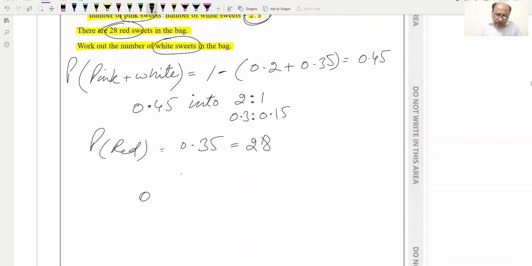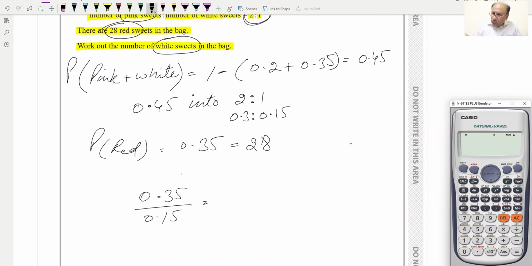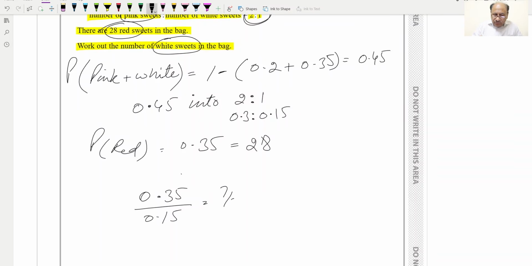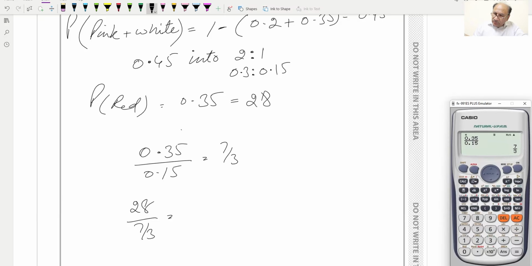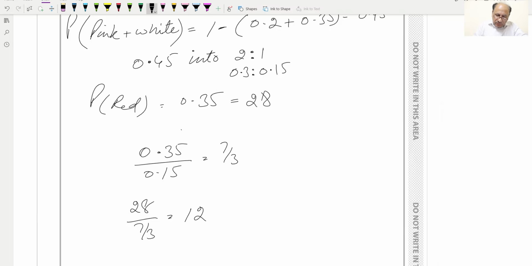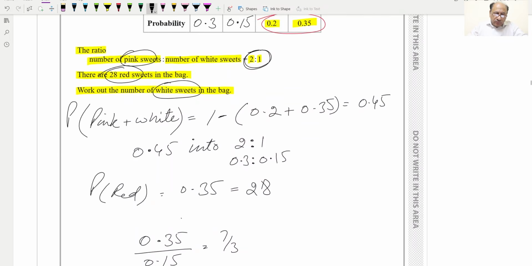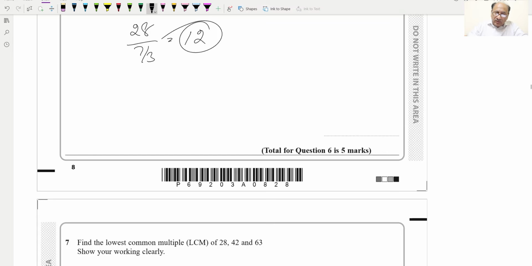So we can take 0.35 and divide it by 0.15, which is equal to 7 over 3. Now we divide 28 by 7 over 3, and the answer is 12, so 12 are white sweets. So this is our answer, and this is a 5-mark question which we have done.